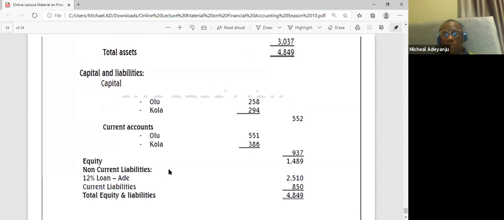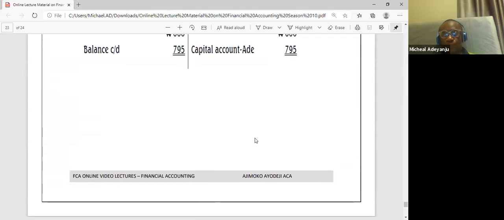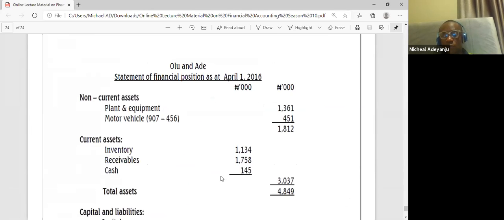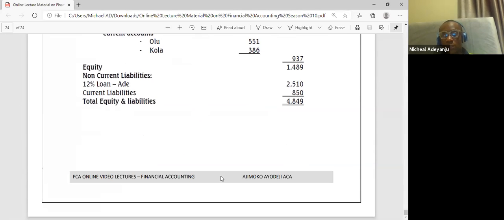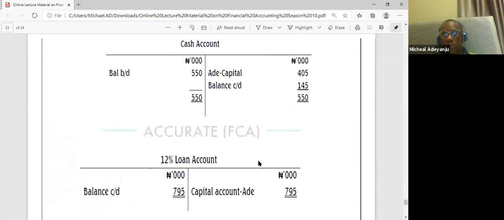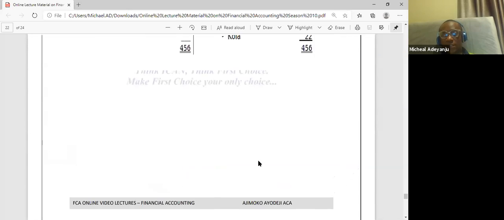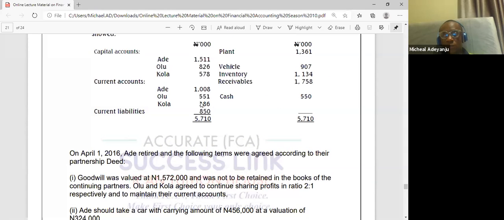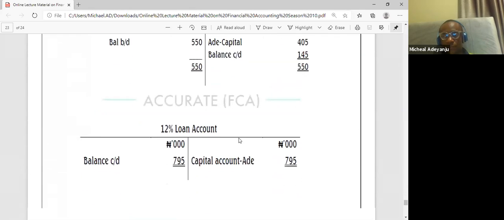Our capital now remains for Olu 258 and for Kola 294. Then for current account, we have 551 and 386, from the question.